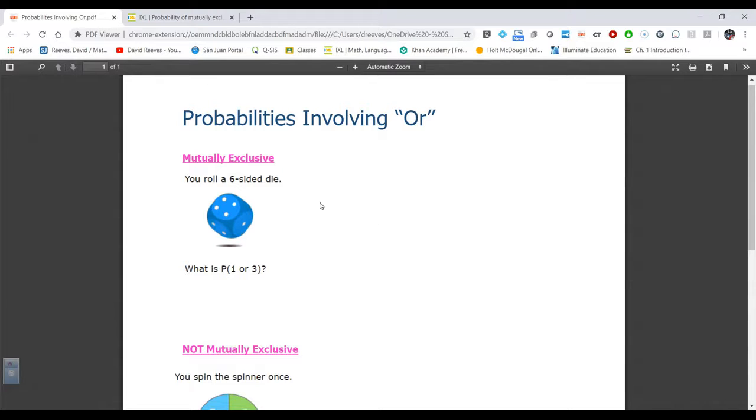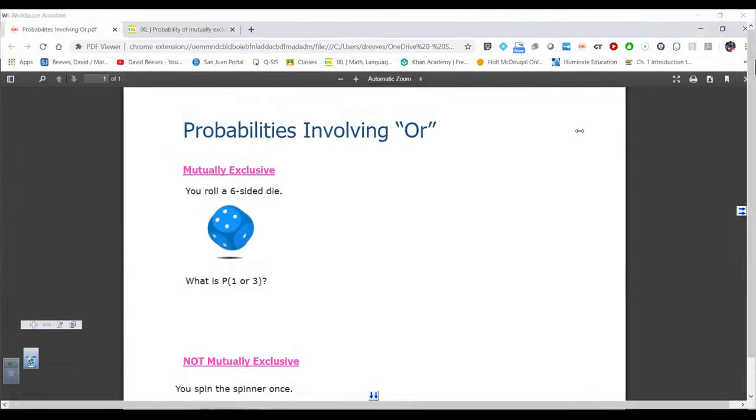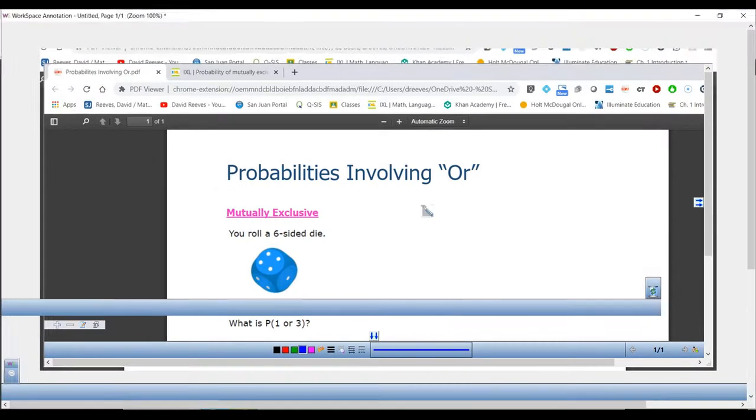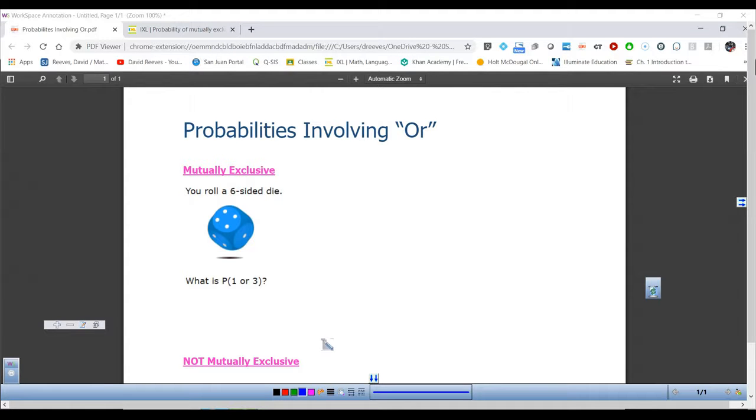All right, so if we take a look at this problem right here, it says you're rolling this 6-sided die. What is the probability of getting a 1 or getting a 3? All right, so let's go ahead and take a look here. The probability of getting a 1 or of getting a 3. So if we look at the die, what are our outcomes here?